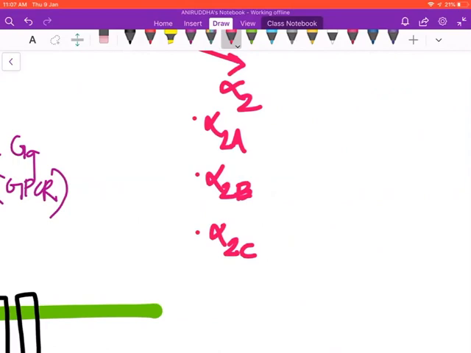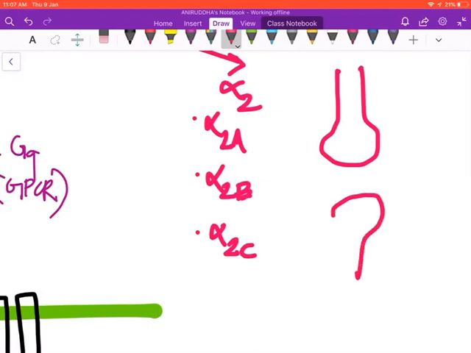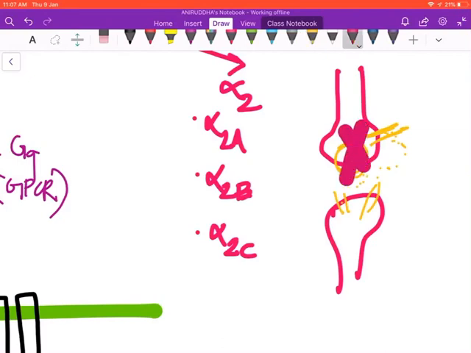Yes, most commonly alpha 2 receptors are Gi type, but that is only when they are present presynaptically. Suppose this is the presynaptic neuron, this is the postsynaptic neuron. Now the vesicle here fuses and releases its contents. It will bind to the receptors. Some contents will go back and bind to this receptor present presynaptically, which is called an autoreceptor. This will in turn inhibit release of catecholamines. So it's called an autoreceptor because it will inhibit its own release.